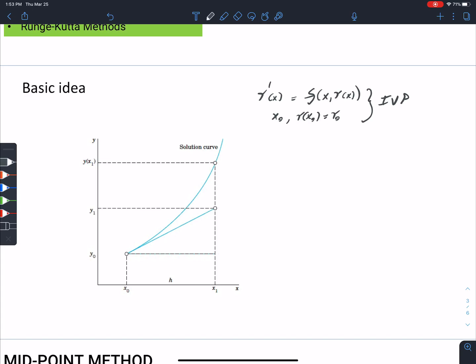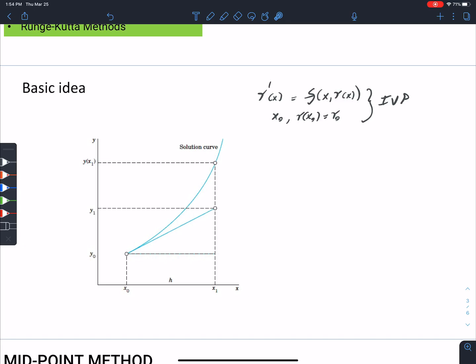And so there will be some curve, some solution, y of x, right? This is what we're seeking, the solution y of x, that satisfies both the left-hand side and the right-hand side of this equation. And let's pretend, just for the purposes of graphing this function, that the true curve is given by what we call the solution curve, right?